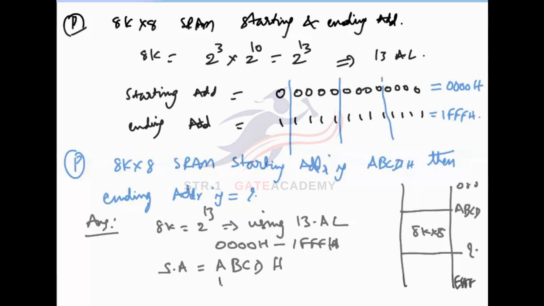Then for the ending address, just add that location here. Perform addition of these two. After this addition, D plus F is C with 1 carry. Again D plus F is C with 1 carry. Again B plus 1 plus F is B with 1 carry. So A plus 1 is C, giving CBCCH. Then the ending address is CBCCH.